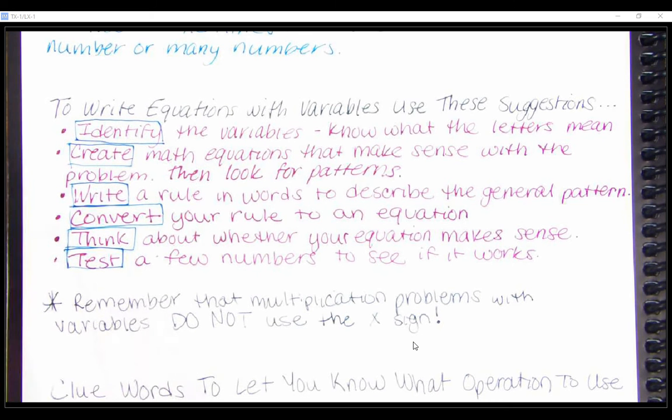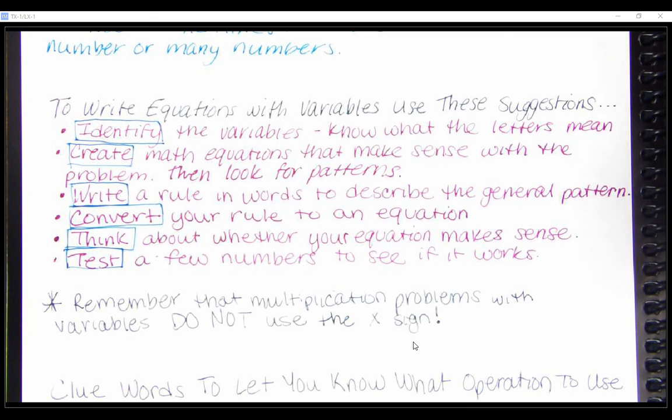Next is going to be write a rule in words to describe the general pattern. So, taking what you've created and then writing out that rule that you see. Next is going to be convert your rule to an equation, which again sounds pretty difficult, but once you have that rule down and we've practiced this skill over and over again, hopefully it should be in your brain.